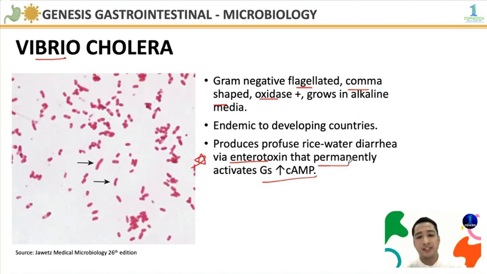The CFTR will cause an efflux of chloride ion, and together with the chloride ion, it will attract other ions, for example sodium. Remember in physiology, where sodium goes, water follows. It will cause diarrhea. That is the pathophysiology of Vibrio cholera.